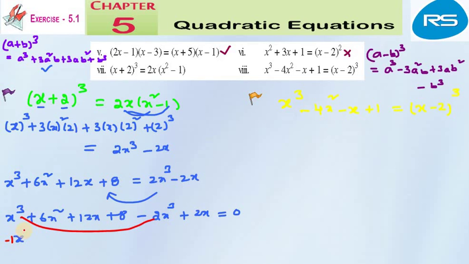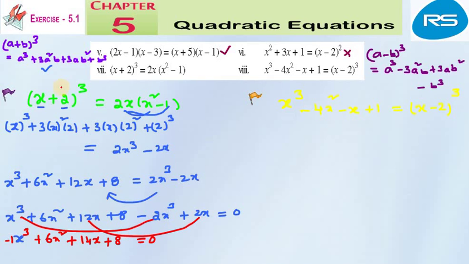Minus 1x cube. And the x square term, you have only 1, so x square, and this is 12x and this is 2x. Total is how much? 14x, and the constant is only 8, that is equal to 0.